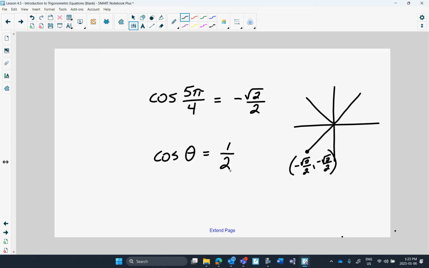Well, we can use a unit circle. Where is cos 1/2? Up here? Yes? And down here? Right? So what's the angle there? 60 degrees, or what in radians?